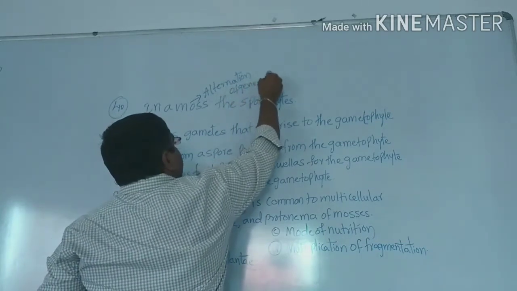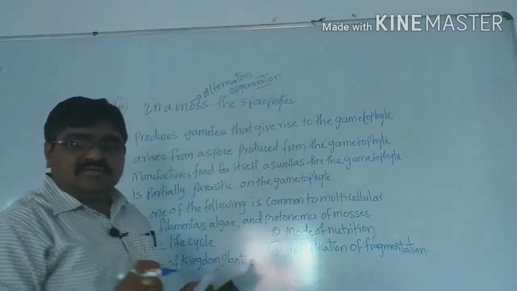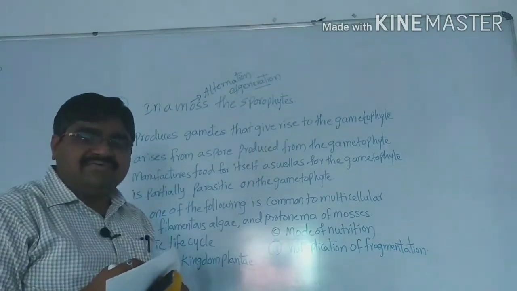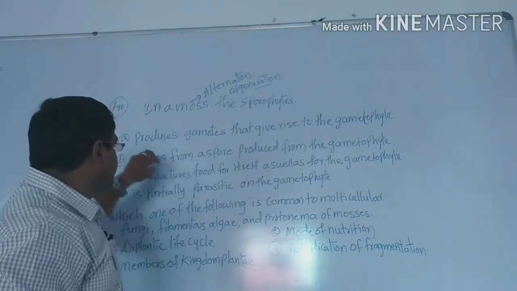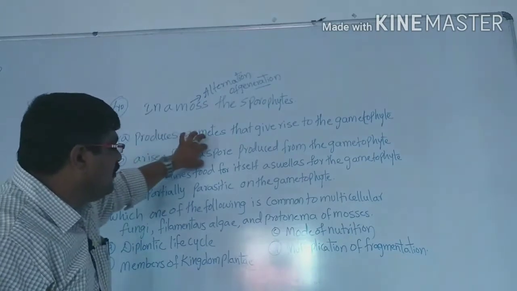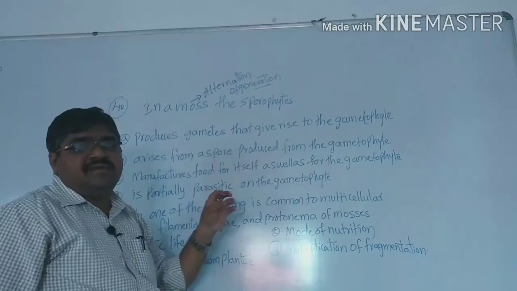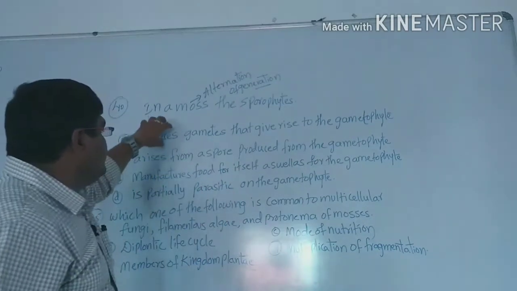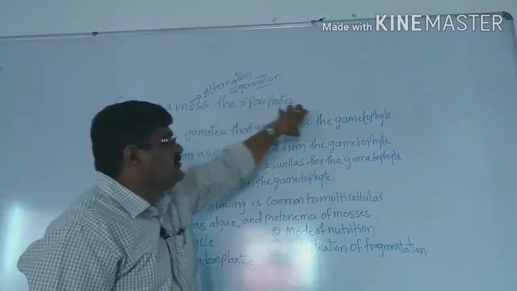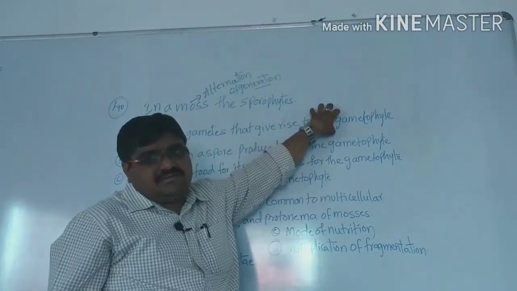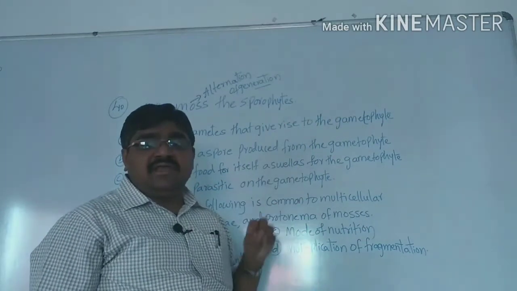That means once one cycle is completed, the sporophyte undergoes the gametophytic phases. So the spores are produced, producing the gametes that give rise to a gametophyte. So the first option will be the correct answer.